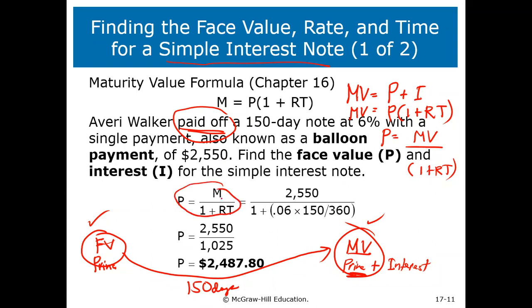Our maturity value is 2550, divided by 1 plus the rate times the time, which is 150 divided by 360. Okay. So based on this computation, the face value is 2487.80.